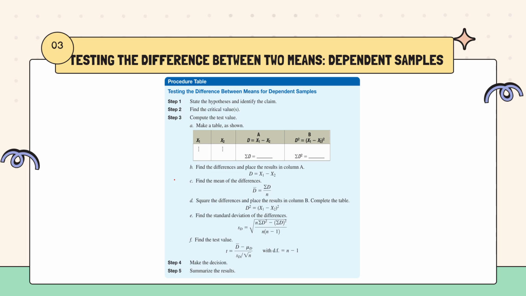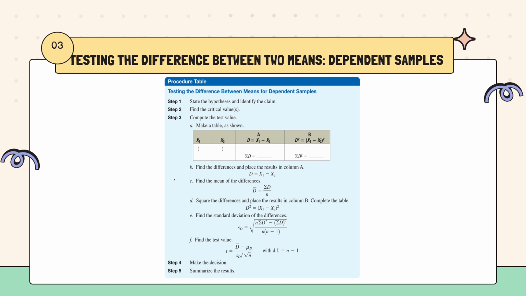So you have to make a table, x1 and x2 and so on, find the differences and place the results in column A. Take the differences, get the sum, then d-bar is equal to the summation of d over n. Square the differences and place them in column B and complete the table.